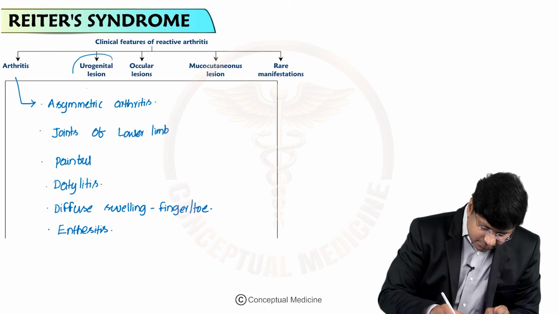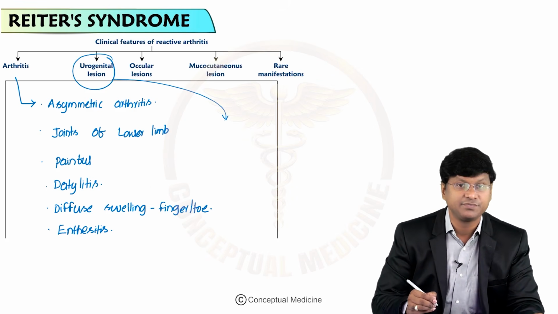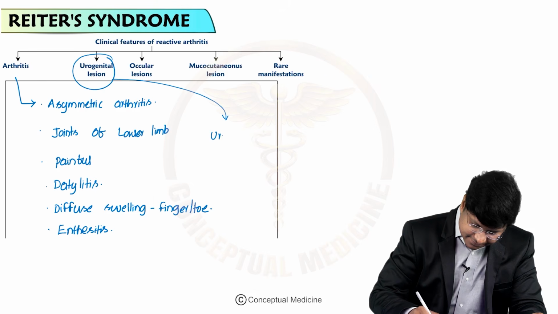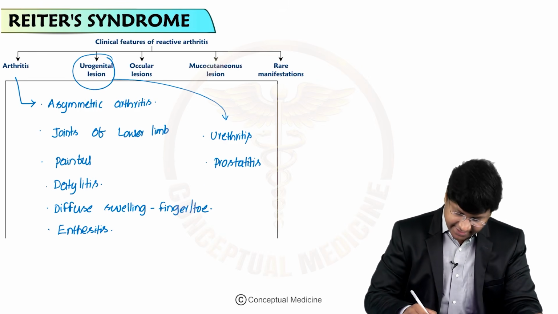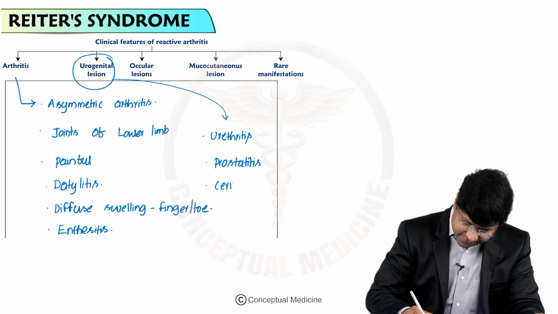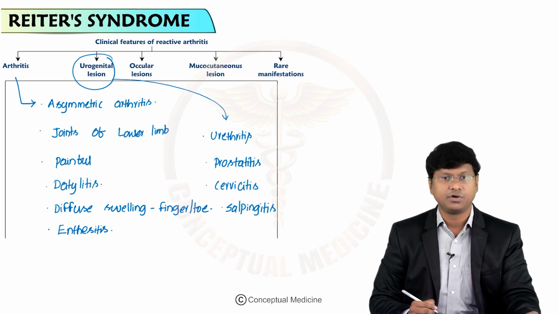Then you take the urogenital lesions, and the manifestations will be in the form of urethritis, prostatitis, and in females there can be cervicitis, where there is inflammation of the cervix, and then salpingitis, the inflammation of the fallopian tube.